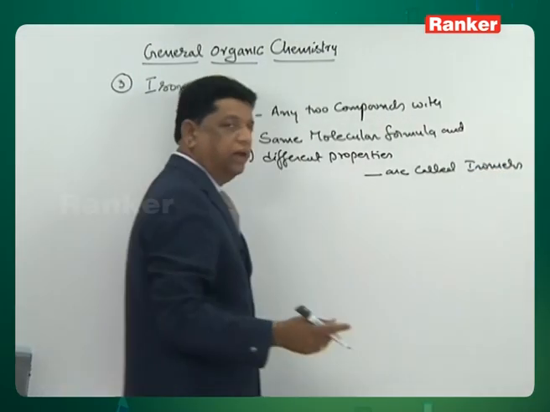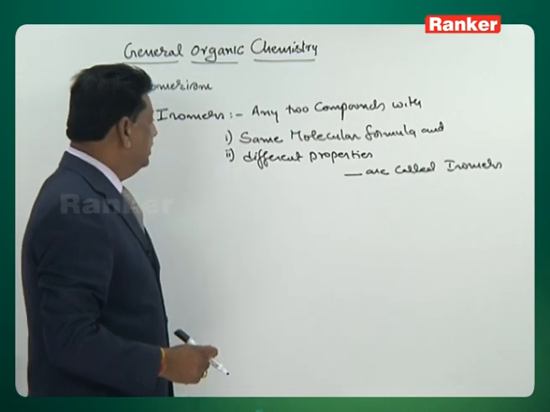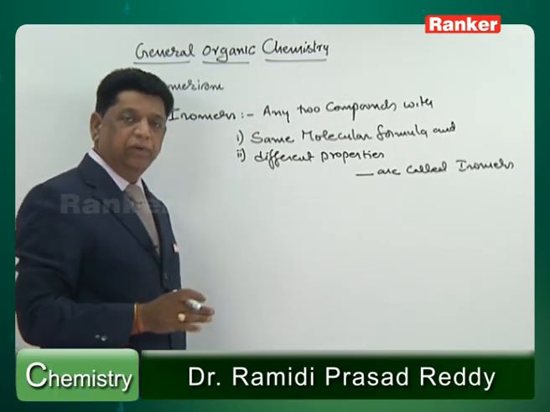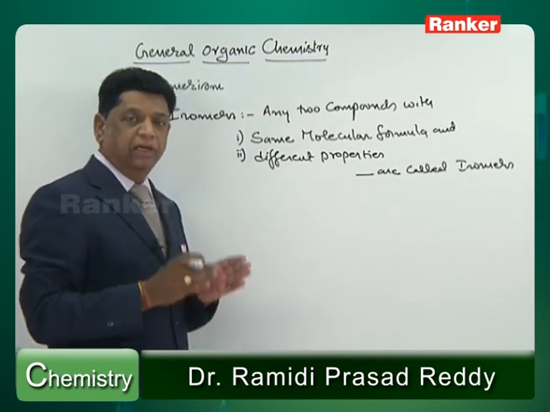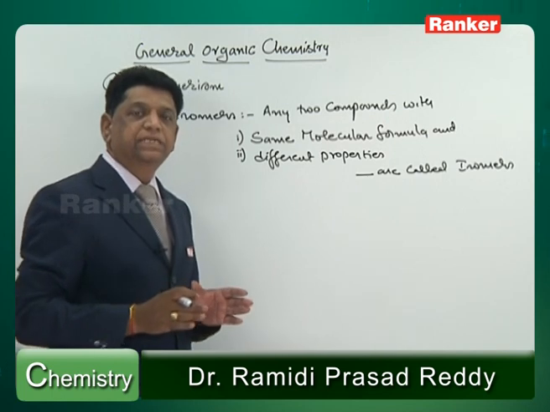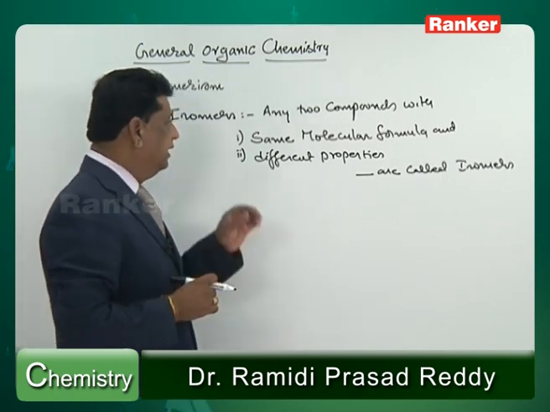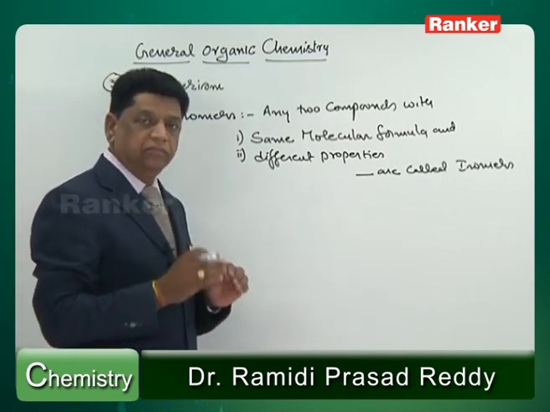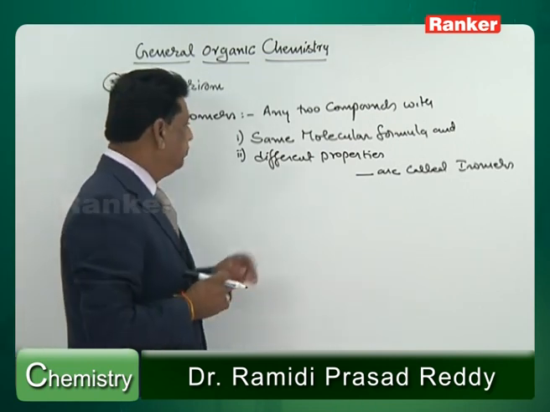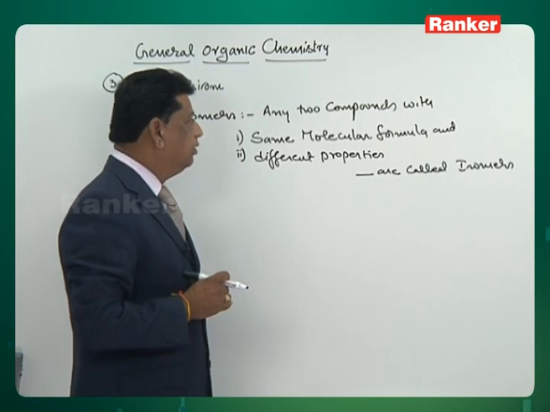Now, here a small explanation. Molecular formula means it's not the structural formula, it is the number of atoms like carbon, hydrogen, like ethane represented with C2H6. Like that, the atoms in a specific order with the number of atoms we are mentioning. So, that formula is called molecular formula.